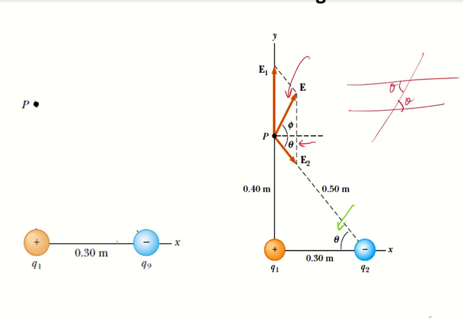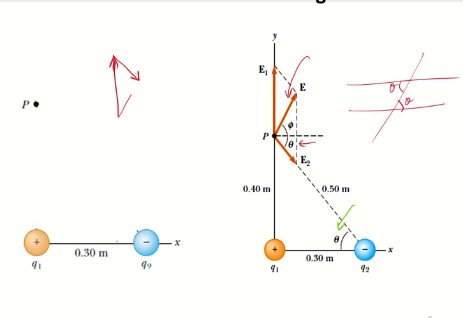How do we reach that? We reach it with the help of the head to tail rule. If you have one vector pointing in this direction and the other vector pointing in this direction, your net vector will be this one.